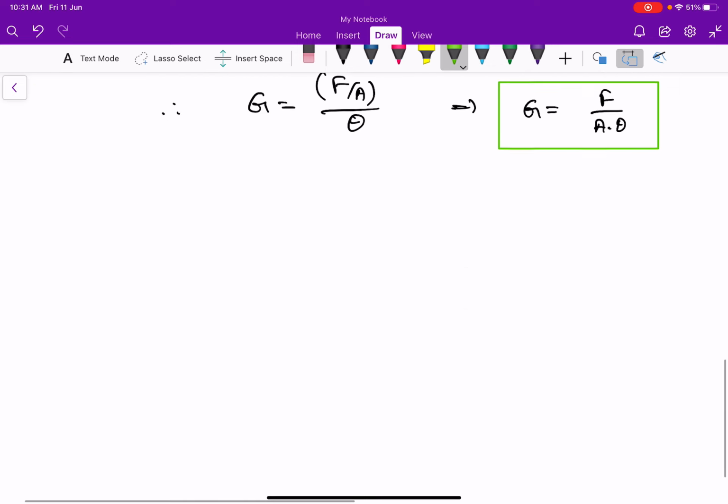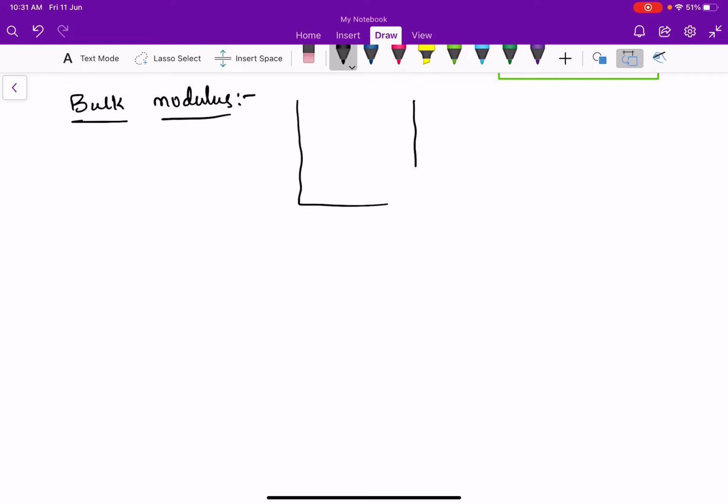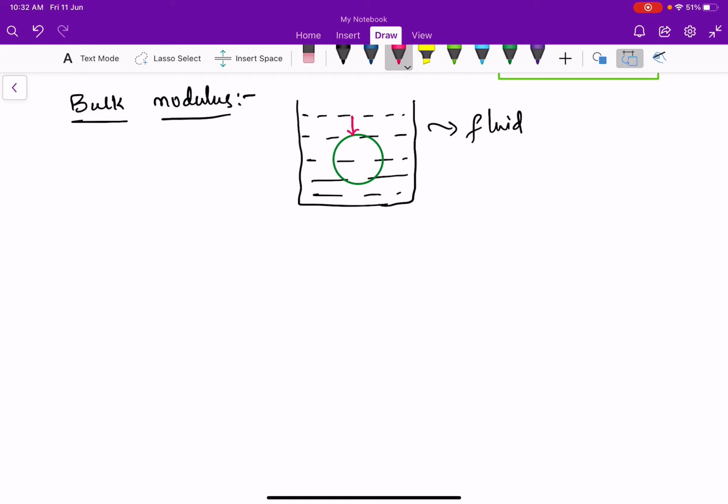Now we are going to discuss the third kind of elastic modulus, that is bulk modulus. In the first video of this chapter number 10, we have discussed that when an object is placed inside a fluid, this fluid exerts normal force in all directions.